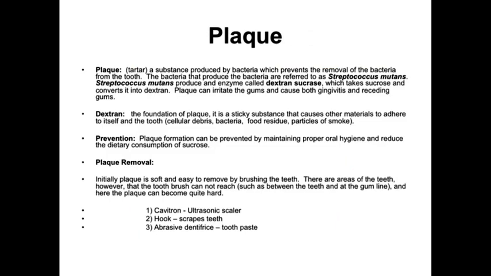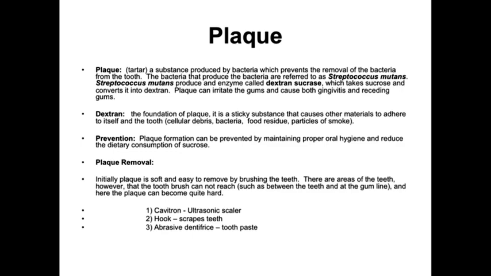Let's talk about plaque. Plaque or tartar is the substance produced by the bacteria which prevents the removal of bacteria from the tooth. The bacteria that produce it are referred to as Streptococcus mutans. And Streptococcus mutans produces an enzyme called dextran sucrase.